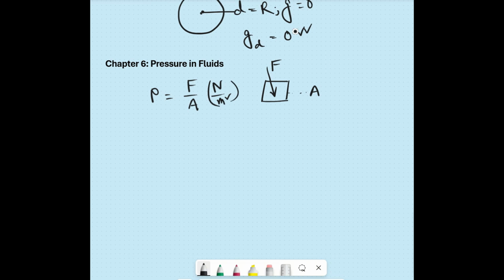And Newton per meter squared equals 1 Pascal, or Pa, same thing.